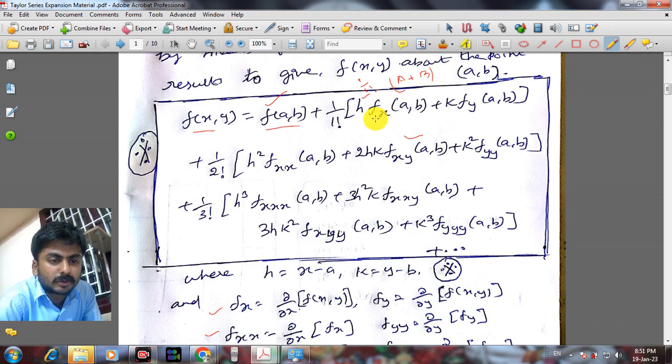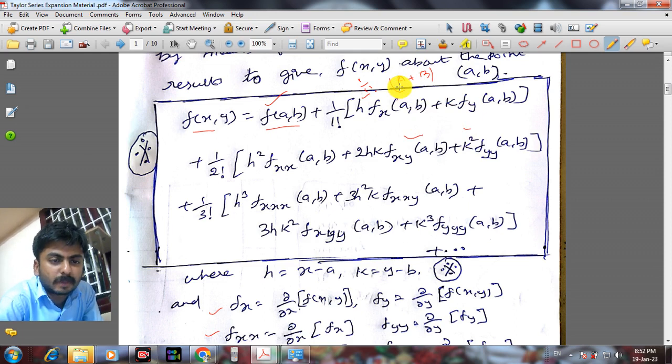So what is our A? h fx a comma b. A plus B whole square means we get the first term as A square, that is h square fxx a comma b. What is B square? Since B is k fy a comma b, our B square is k square fyy a comma b. What is 2 into A into B?